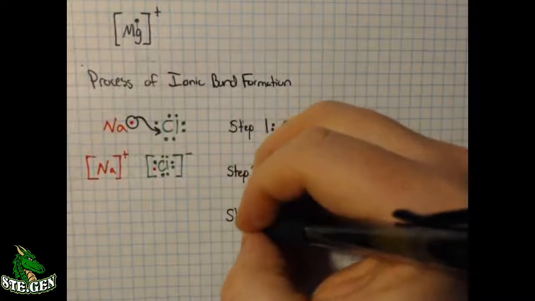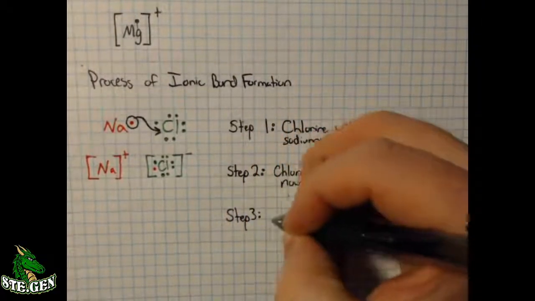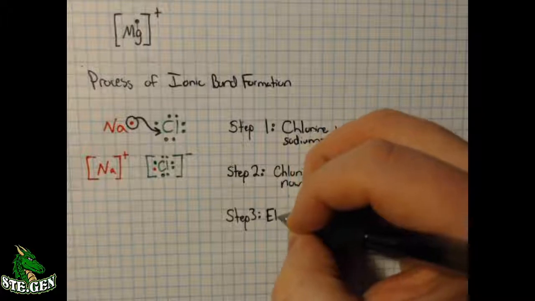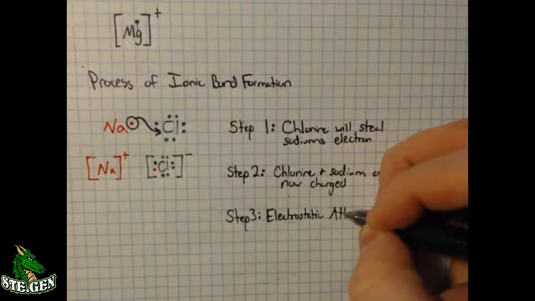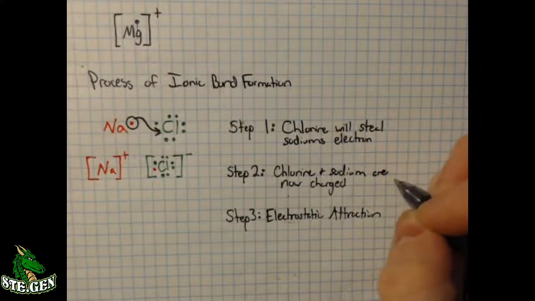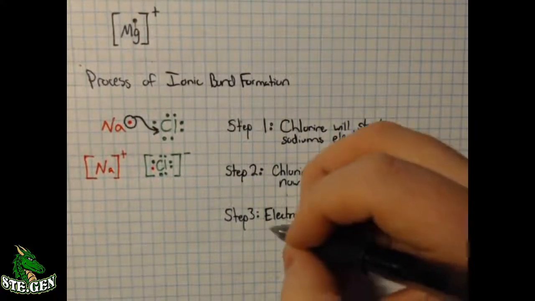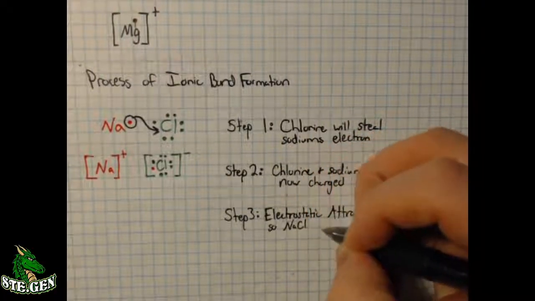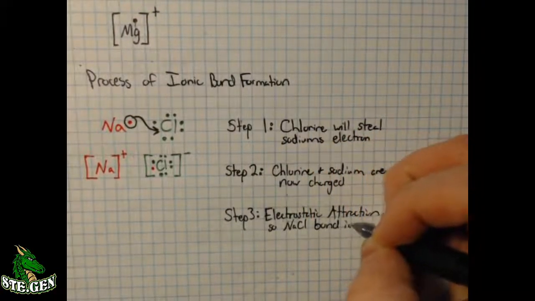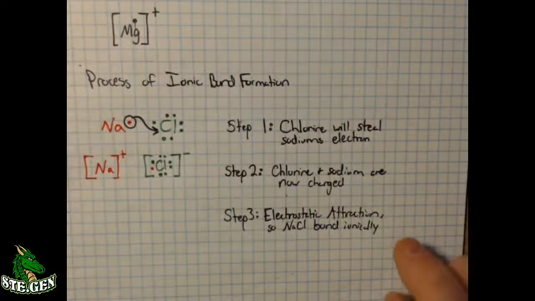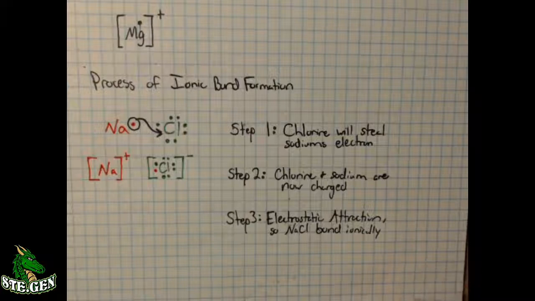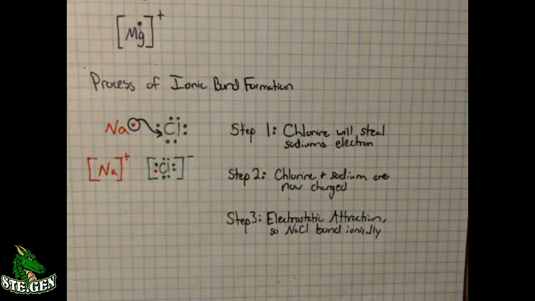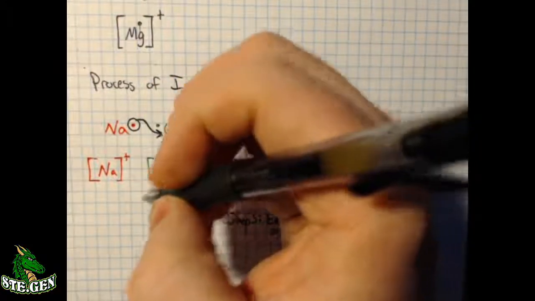And then finally, step 3, electrostatic attraction. Or you could just say positives and negatives attract. So Na and Cl bond ionically. So the way I will usually write this, if I have colors, it makes it a little bit easier.